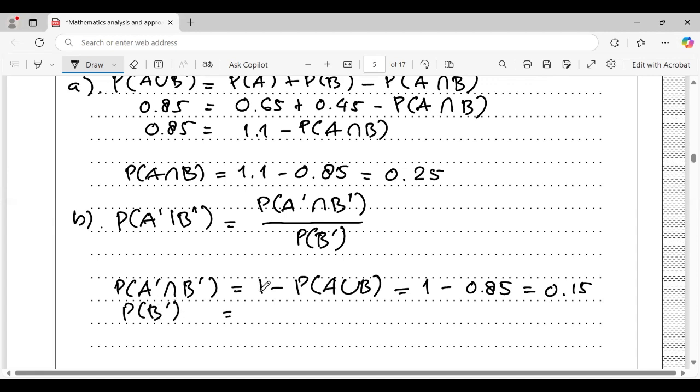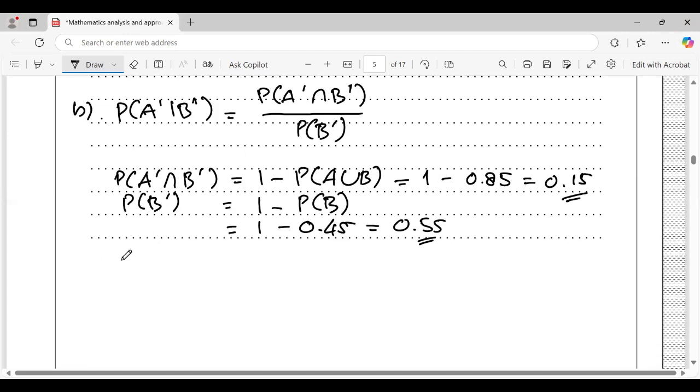Now probability B'. Probability B' is 1 minus probability B, and according to the information, probability B is 0.45, so it is 0.55. All right, let's recalculate.